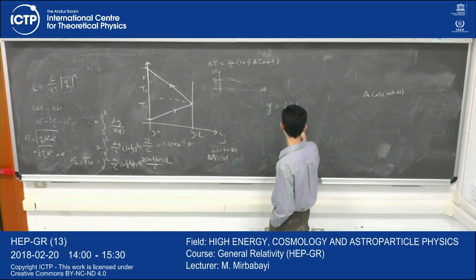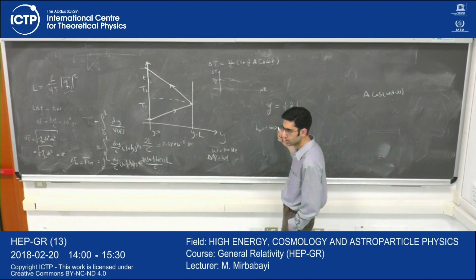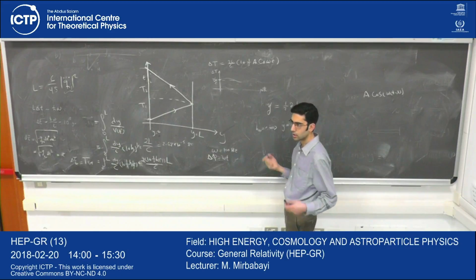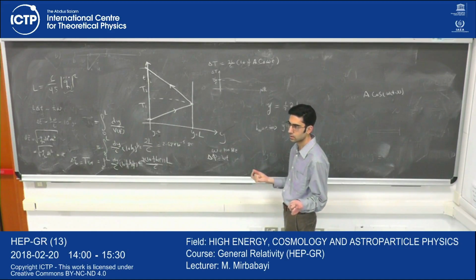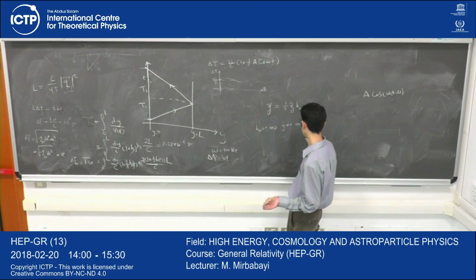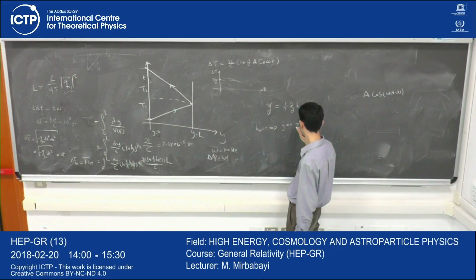Now, for the wave that we are considering, h00 is 0 in this coordinate system. That means that y double dot will be 0. Now, since they start from rest, y dot initially is 0, that means that y remains constant.